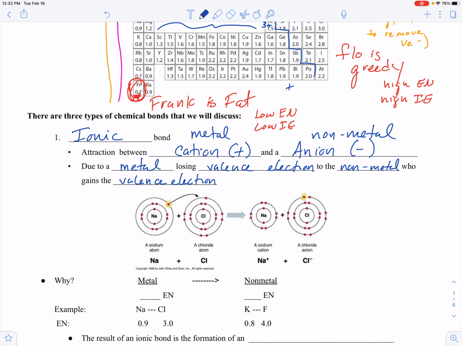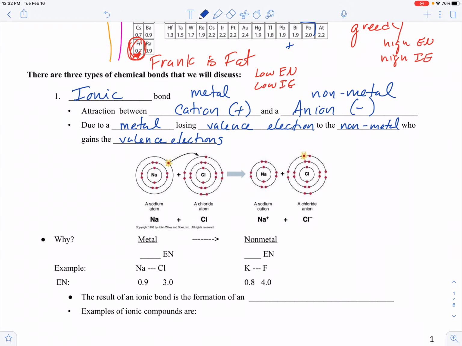So I've got a little picture of this down here. So here is my example. I use sodium chloride. It's a pretty standard ionic compound. Sodium being my metal, chlorine being a nonmetal. Sodium has an atomic number of 11, which means 11 protons and 11 electrons to start with. Chlorine, 17 protons, and then 17 electrons.